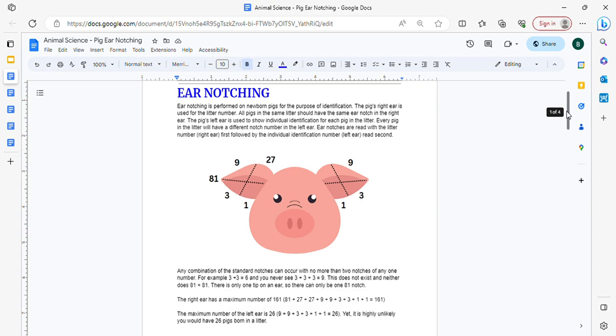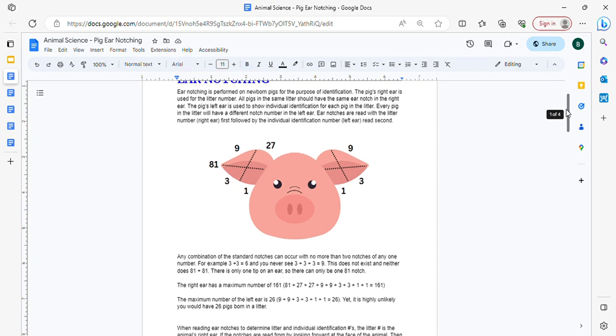So you're going to determine the litter number from the right ear, and then on the left side, that is going to be the pig's individual number in that litter. It's very unlikely to get more than 26 pigs in a litter. That's the reason the left ear only goes up to 9, which I'll explain in just a second.